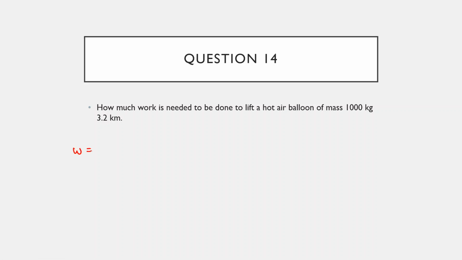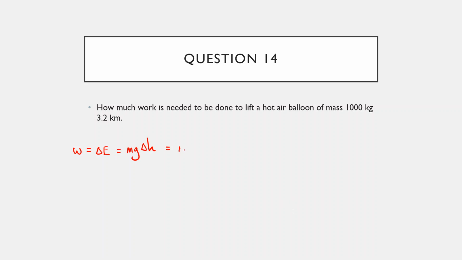Well, we go back to our definition of work, which is that it is a change in energy. What change in energy are we talking about here? We're talking about an increase in gravitational potential energy. So we're going to do mg delta h and just multiply everything together. Okay, and again, because our change in height is much less than 10 kilometers, we are allowed to assume that the value of little g is going to be constant.